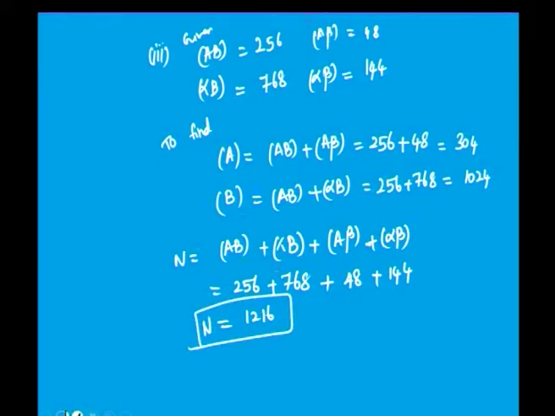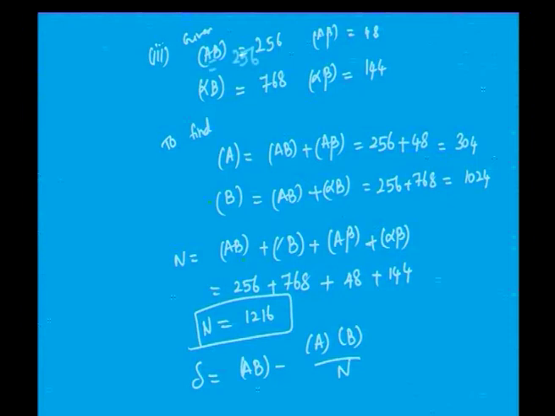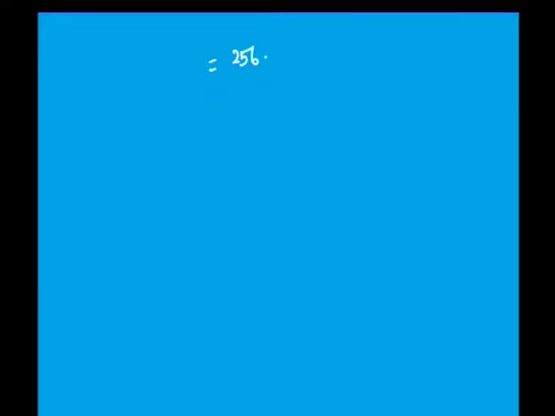Now, using all these values, we will use the formula for delta. Delta is equal to AB minus A into B by N. AB value is 256 minus A value 304 into B value 1024 by 1216. It is 256 minus 256, this is equal to 0.